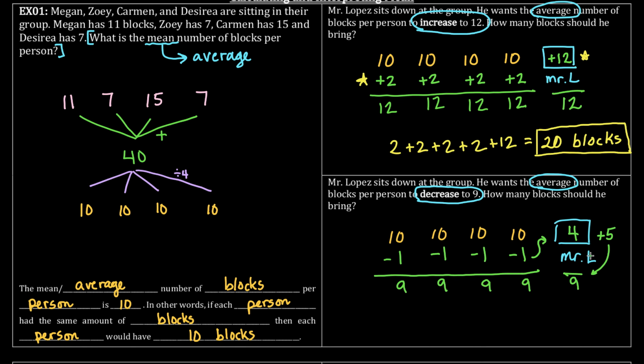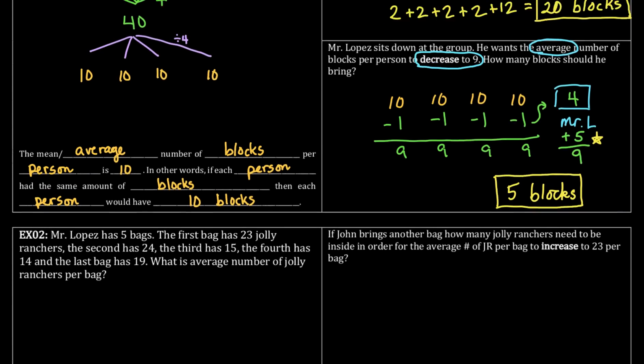I need to bring my own 5 so I can get to 9. So this right here is my answer. I need to bring 5 because they will give me 4 each. It takes some thinking. Once you understand what's going on and think about it as sharing, it shouldn't be too difficult.